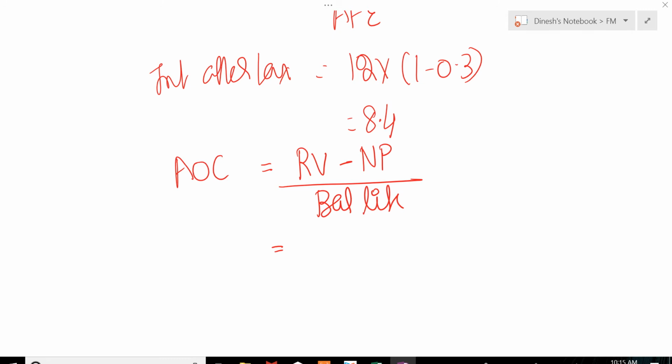At what rate are we going to redeem the debentures? Anything given? Nothing given. 100 face value. Nothing is given. It is 100.